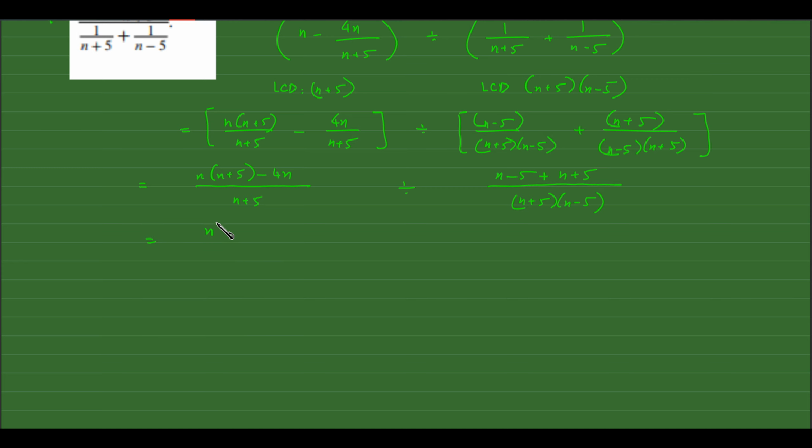So you have n squared plus 5n minus 4n over n plus 5, divided by negative 5 and positive 5 cancel. You have n plus n is 2n over n plus 5, n minus 5. 5n minus 4n is n, so you have n squared plus n over n plus 5 divided by 2n over n plus 5, n minus 5.